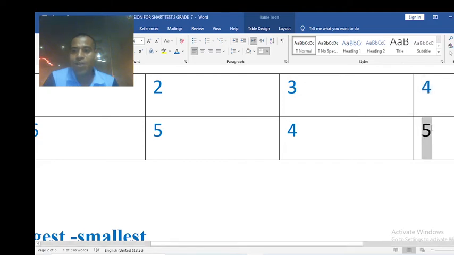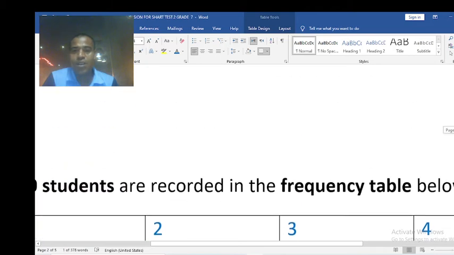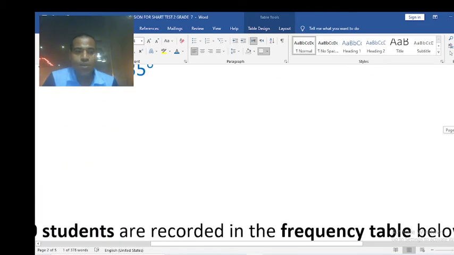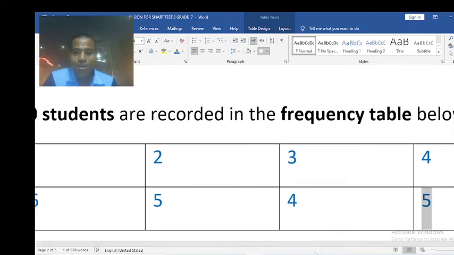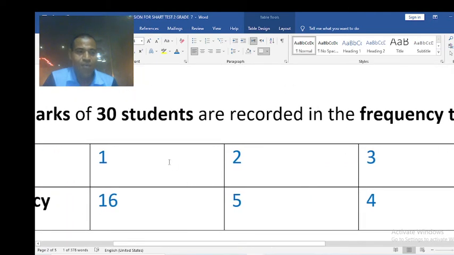This is how you find the mean, divided by the total of the frequencies. You will add all the frequencies and get 30 students, or from the beginning you can see we have 30 students.